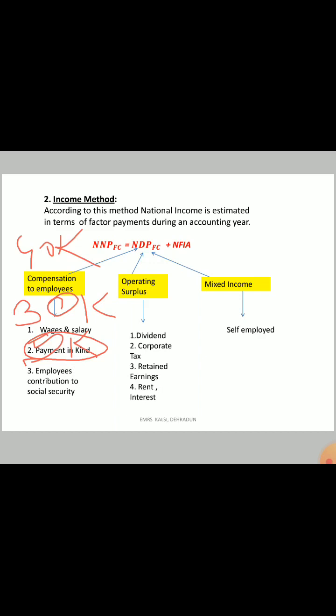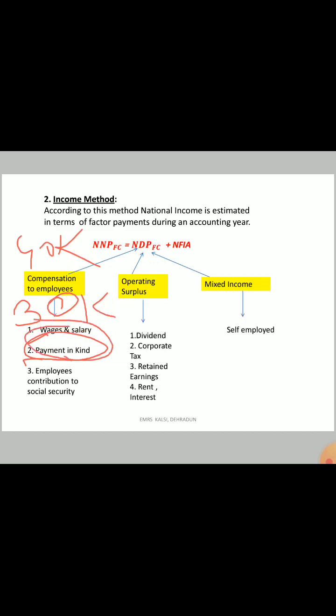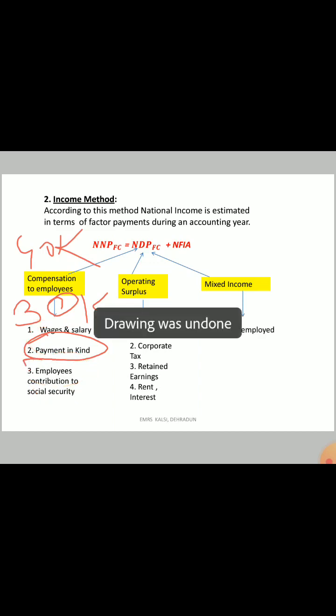It is said to be given as free, but nothing is free in this world. So out of this, 30,000 I will be getting as salary in my bank account, payment in kind will be 5,000 rupees, and 5,000 will be contribution to social security like provident fund, or any government scheme. This is the employer's contribution, not the employee's contribution; it is written here incorrectly.